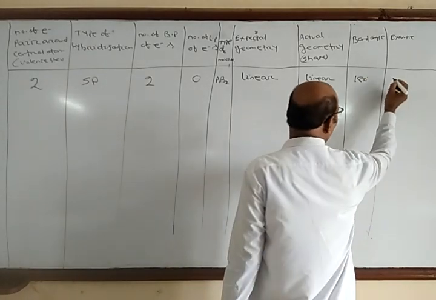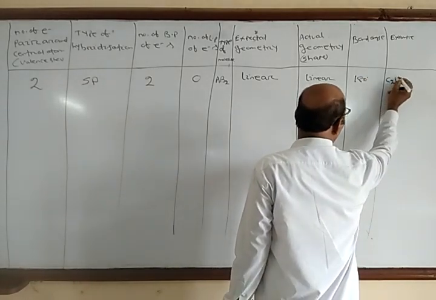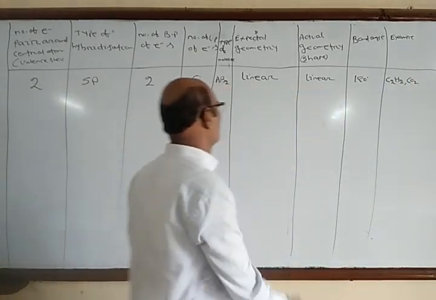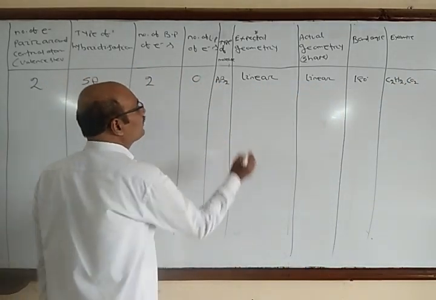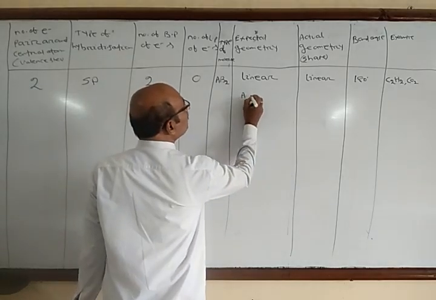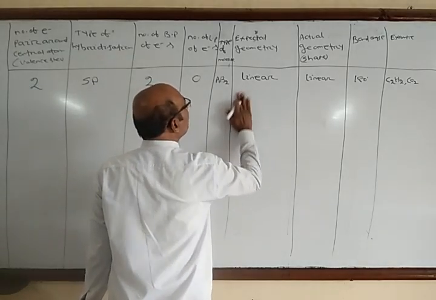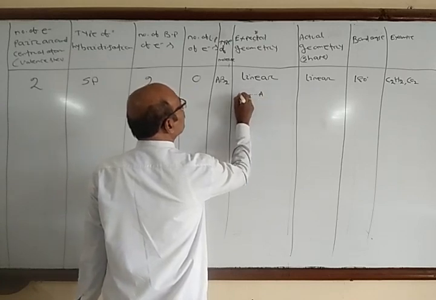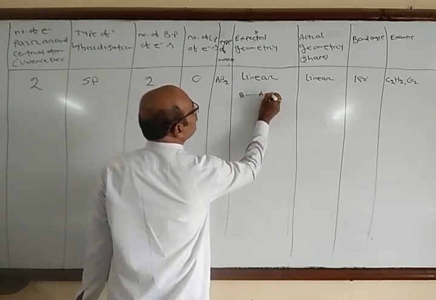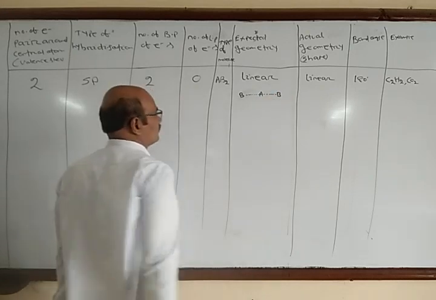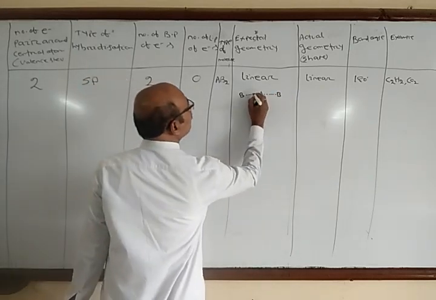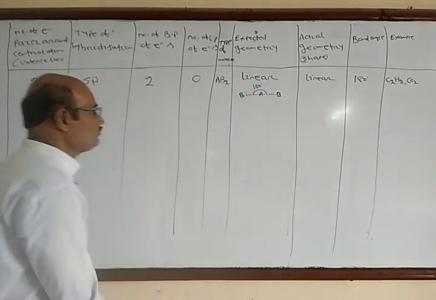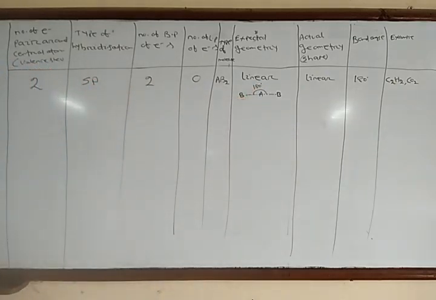Example, we can take C2H2, CO2, etc. Okay, and here you can write A, B, okay, 180 degrees. Okay.